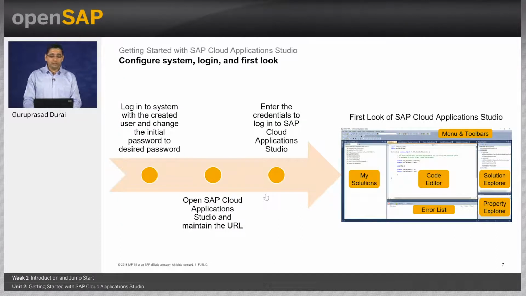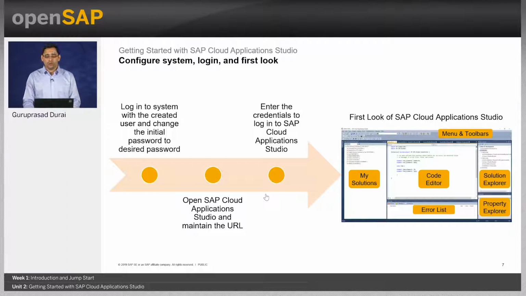Now, this slide talks about how to configure the SAP Cloud Application Studio with the Business ByDesign URL and how you could log on to it. The first step is to change the initial password which you created in the previous step. The password has to be changed by logging into the SAP Business ByDesign.